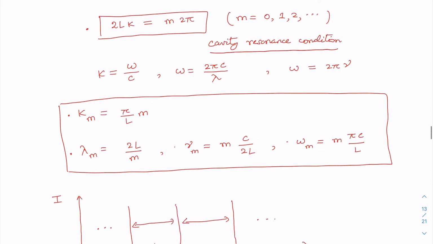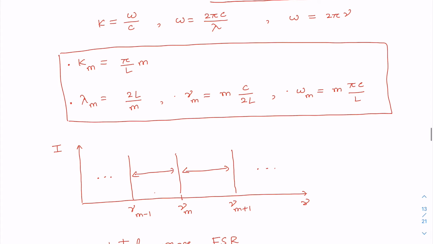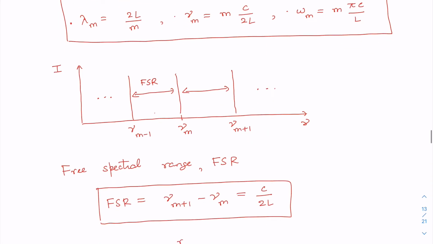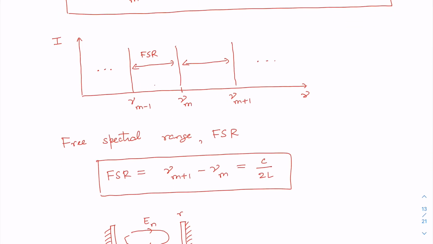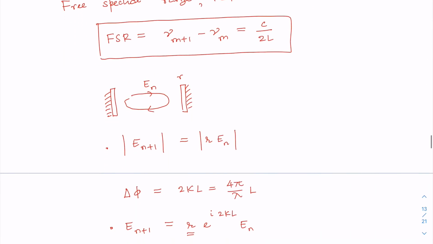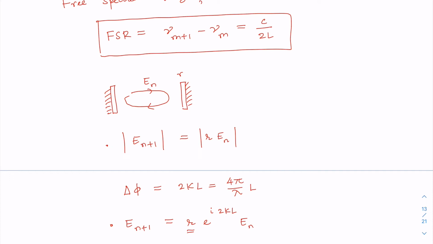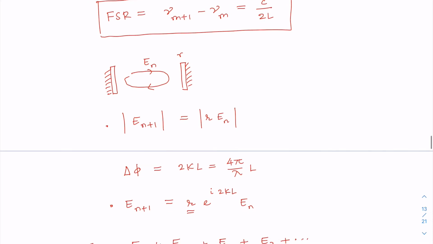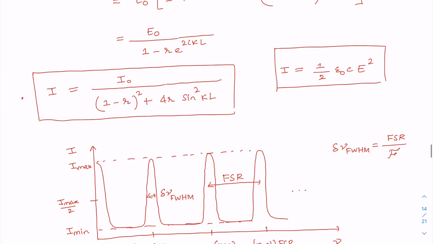Light that has a wave vector, wavelength, frequency or angular frequency satisfying this condition will be able to enter into the cavity, and there will be various peaks. These peaks are separated in frequency, and this separation is known as the free spectral range. This is a very important quantity, and it is given by c over 2L. Then we worked out the intensity inside the cavity and found this expression.